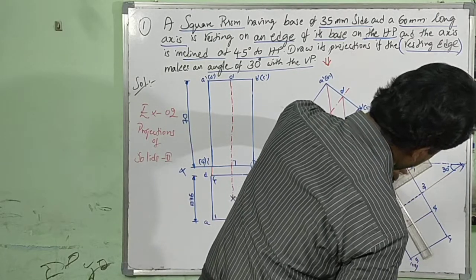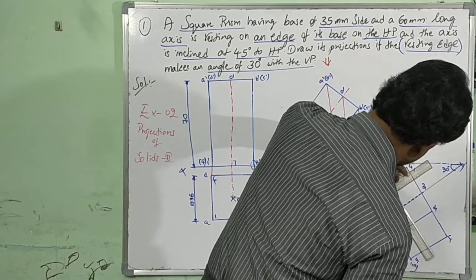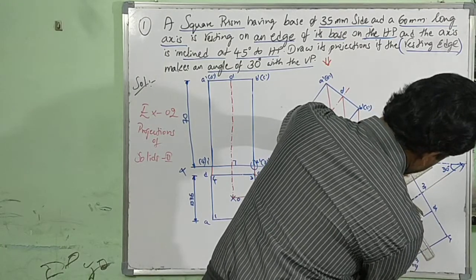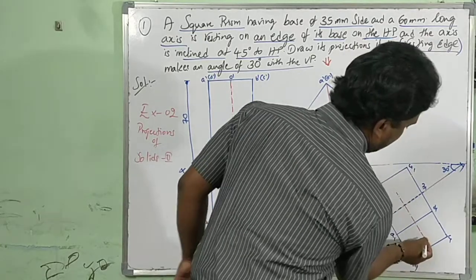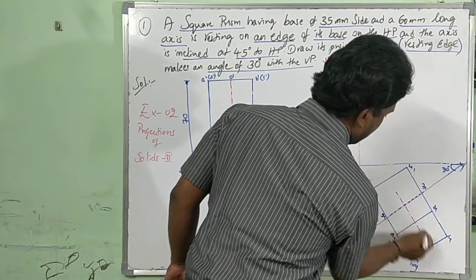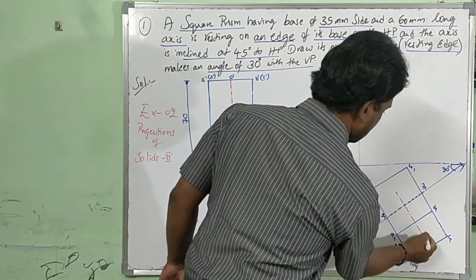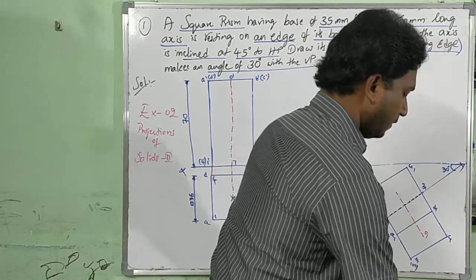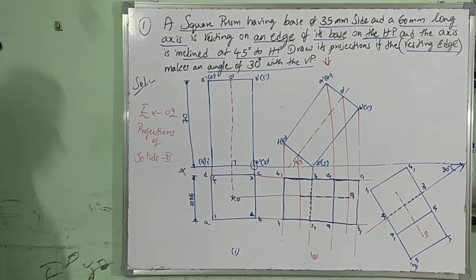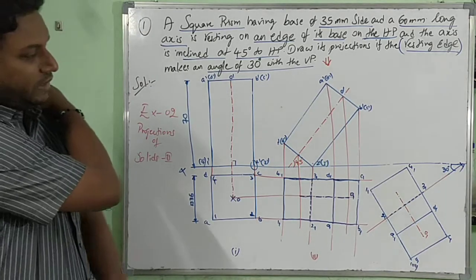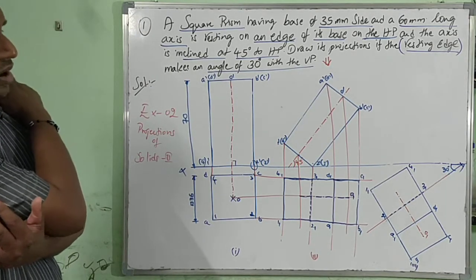For drawing the axis line, you are supposed to draw this. Of course, I may draw approximately, but you have to use the original dimensions. Just rotate it by 30 degrees and then complete it. All are squares, that's it.